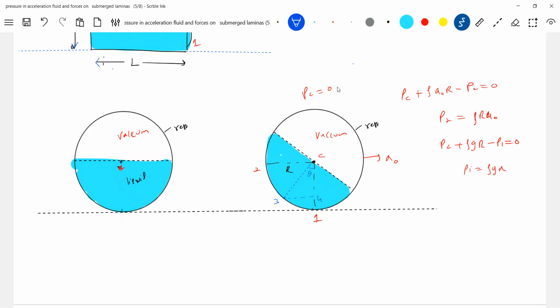PC plus rho g R cos theta minus P4, where PC is 0. Then if you know P4, plus rho A naught R sine theta minus P3 equals 0.